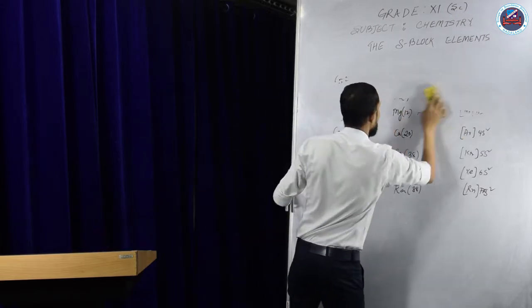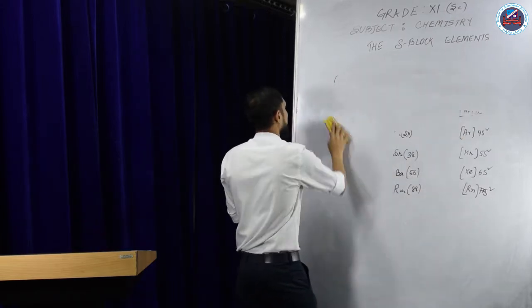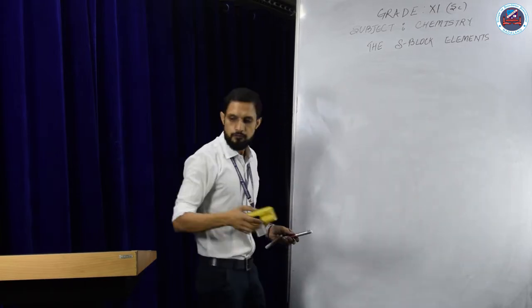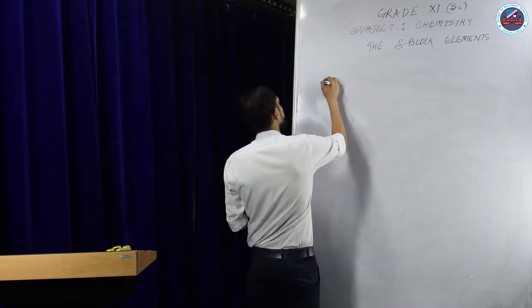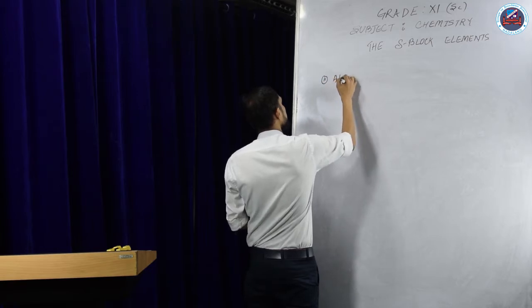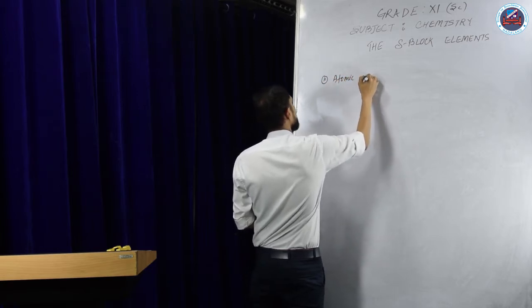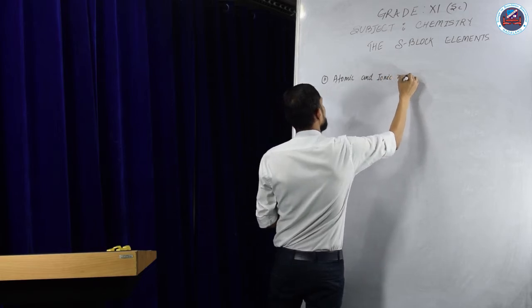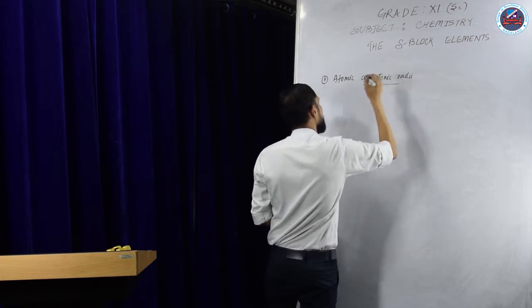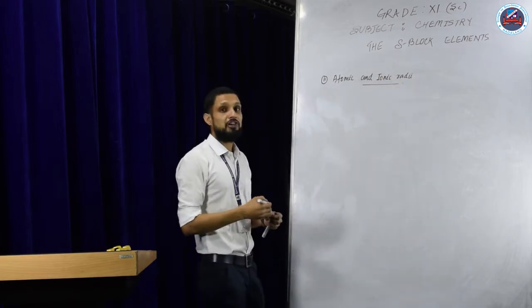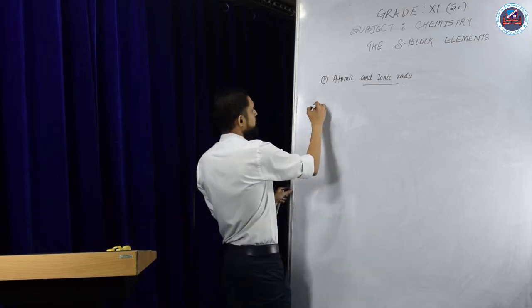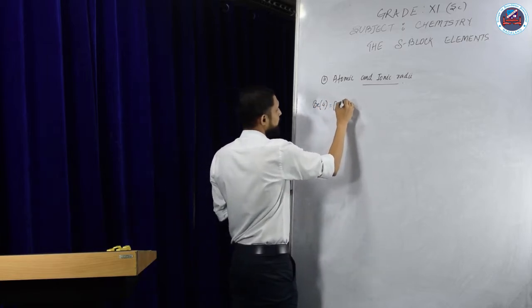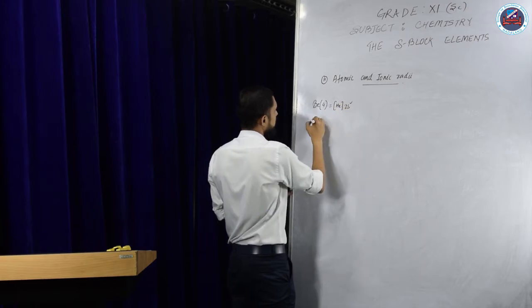Next, let us see the atomic and ionic radii of group 2 elements. So again, we have to take the help of the electronic configuration. Beryllium atomic number is 4, so is helium, 2s2.